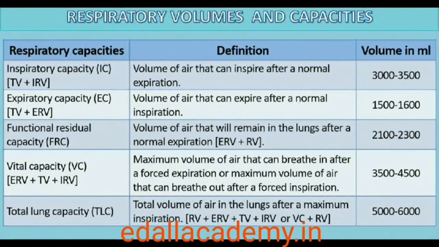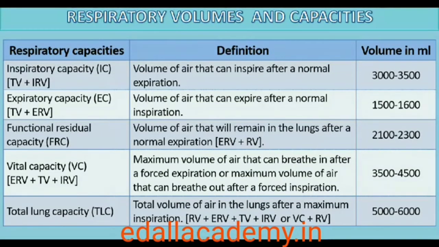Expiratory capacity, EC: total volume of air a person can expire after a normal inspiration. This includes tidal volume and expiratory reserve volume, TV plus ERV. Functional residual capacity, FRC: volume of air that will remain in the lungs after a normal expiration. This includes ERV plus RV.